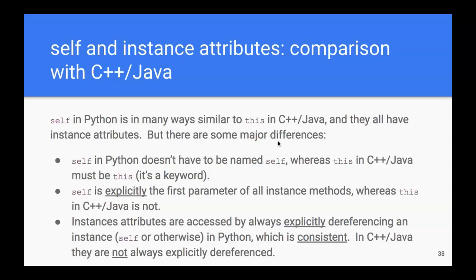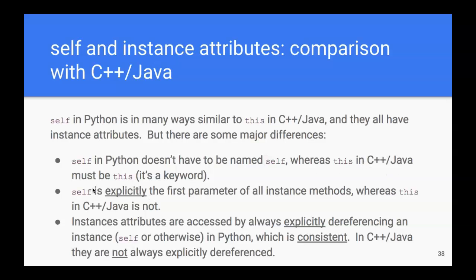There are some differences. The first one we already saw: self in Python doesn't have to be named self, but this in C++ and Java must be this, because it's a keyword. It's very special to those languages.